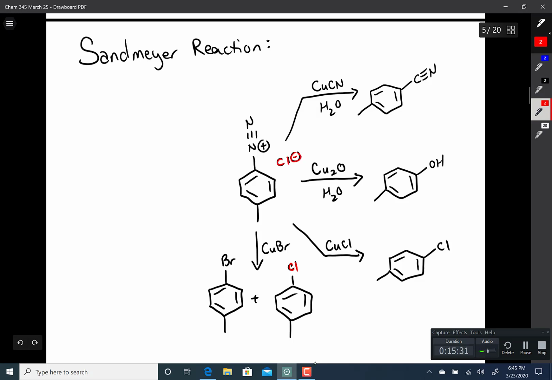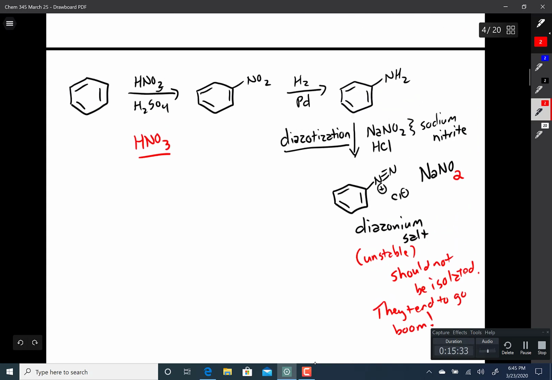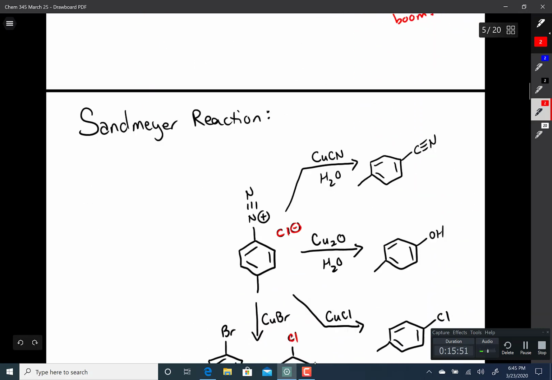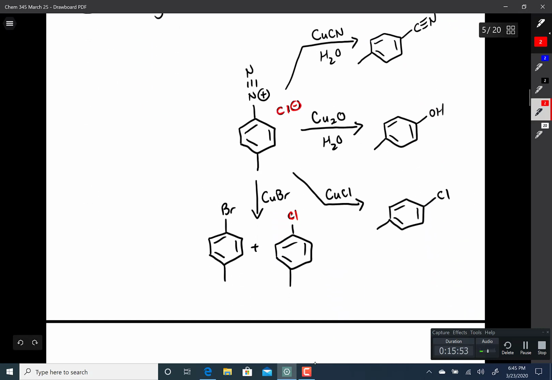And the Cl- came from the diazonium species, or the diazotization reaction, I should say. So if you want a clean reaction with this, to replace the diazonium with bromine using copper bromide, you have to do a little bit of planning ahead.